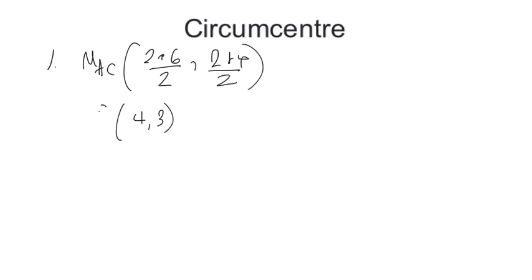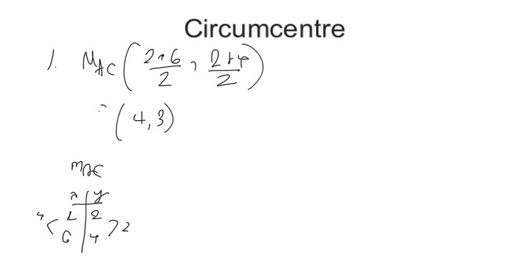Now I need to figure out the slope of AC. So this is little m for slope, AC. And I like to do this in a t-chart so that I tend not to make mistakes. 2, 2, and 6, 4. So here my change in x is 4, and my change in y is 2.